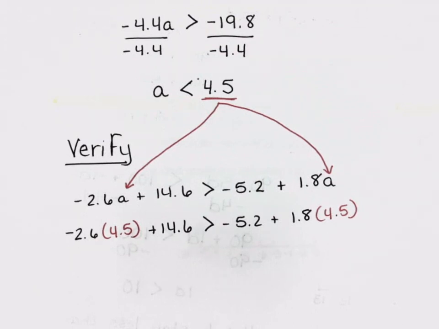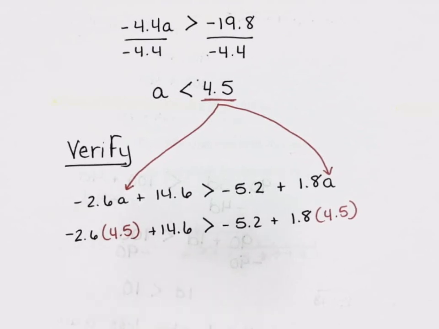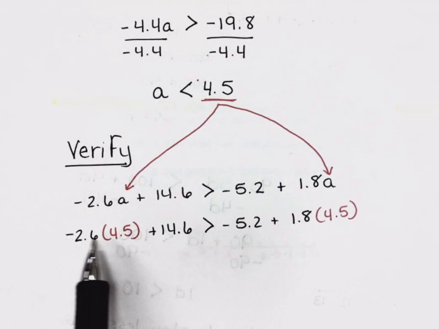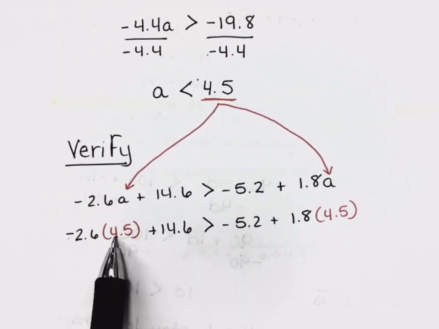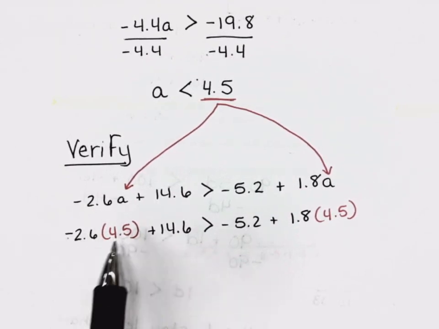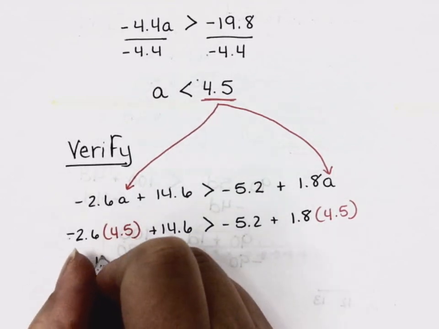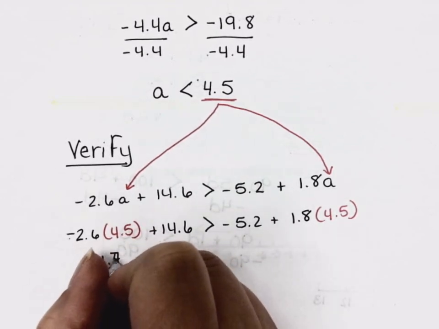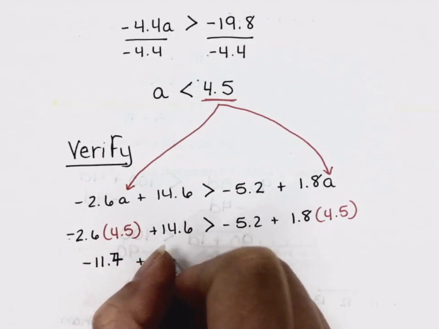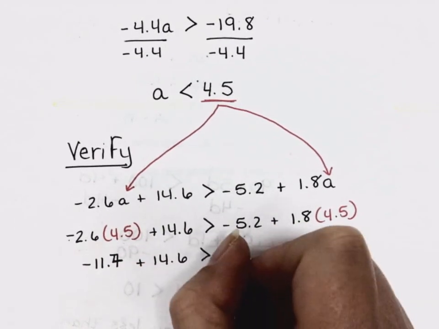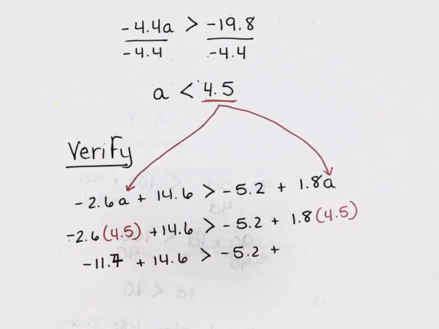So we're going to do some math here. I'm going to use my calculator and multiply these together. I know if it's a negative times a positive, my answer should be negative. If I get a negative answer in my calculator, then I know it's right. So this is a negative 11.7 plus 14.6 is greater than negative 5.2 plus 1.8 times 4.5.